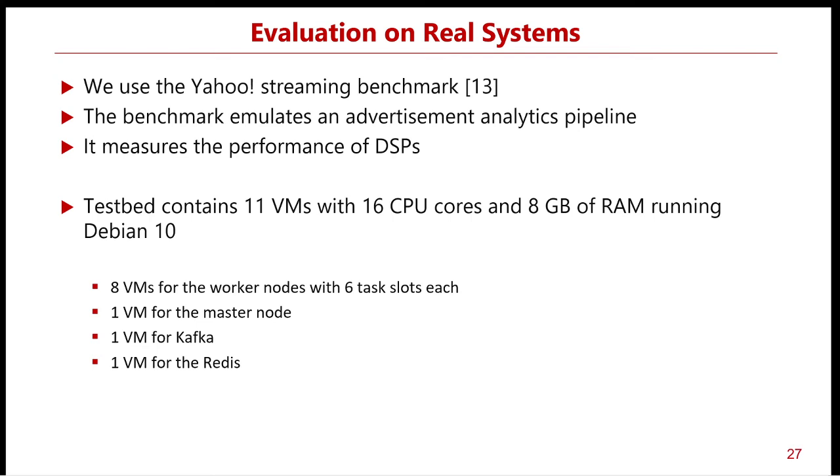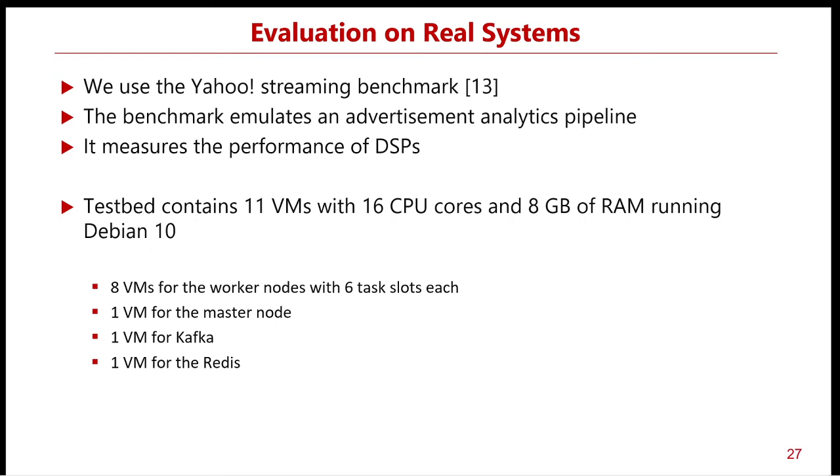And we also run Zookeeper on Kafka. Since we need to generate data, we use Kafka and Redis for data generation. And in the query of the benchmark, Kafka is the source of the data and Redis is the sink for data.